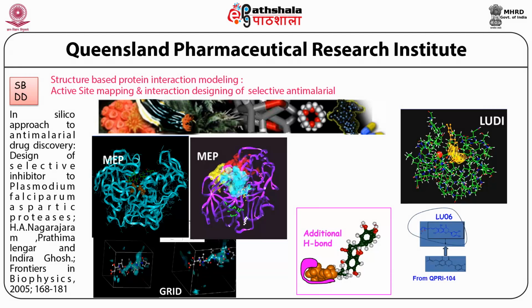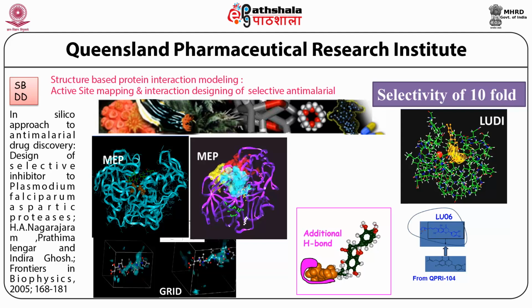Then we mapped the active site and used GRID, another program, to identify which interactive sites would still be available. Using another software called Ludi, whose new versions are available on BioVia now, also freely downloadable for academics, in the package called GrowMol.